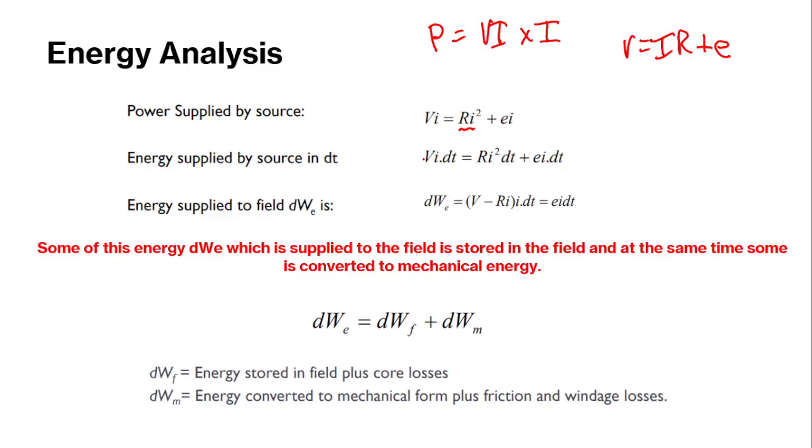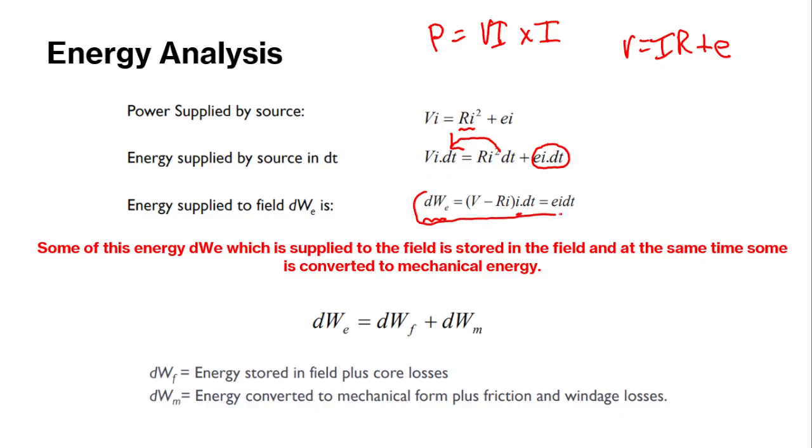And then, if you differentiate with respect to time, let's just add a dt at the end of it. The energy supplied, which is dWe, if you factorize the R and the I, you basically end up with this here, which is just EI dt, because this side here will stay. You carry this on this side, you factorize out the I dt, and you end up with this.